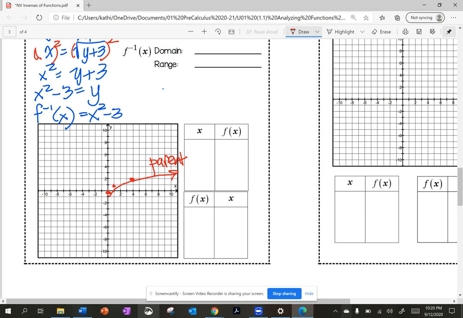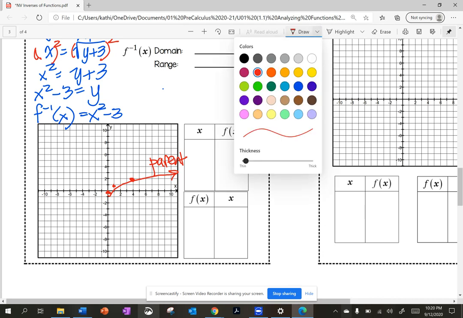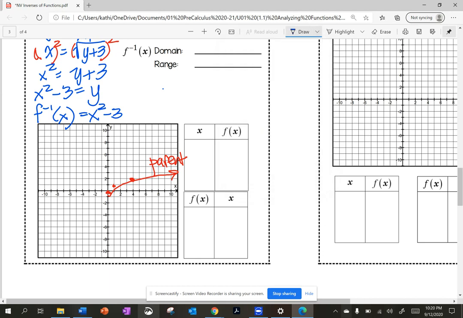So I have a transformation of a horizontal shift left by 3. So I'm going to take my 3 primary points that I have here, and I'm going to shift them left 3. So here, here, and 1, 2, 3 here.